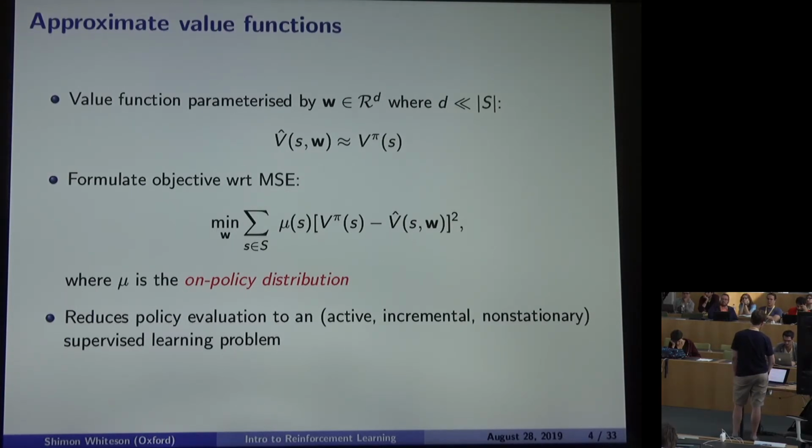But if we're trying to just do policy evaluation for some fixed policy, then the distribution of states induced by that policy seems like quite a reasonable choice. No, this is just policy evaluation. Right. Any other questions?